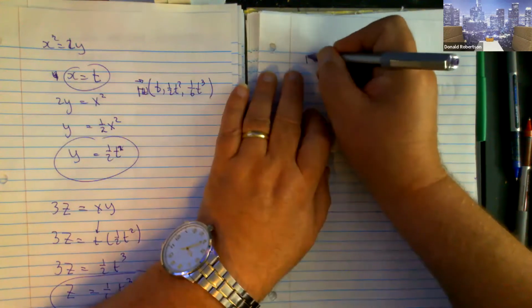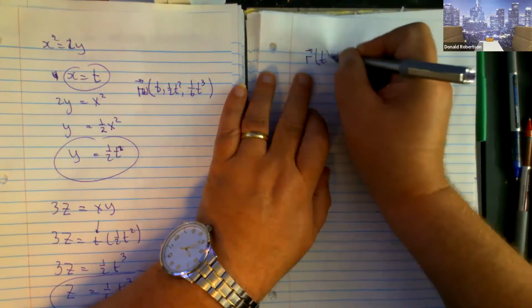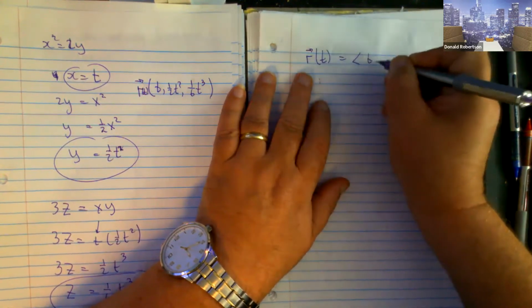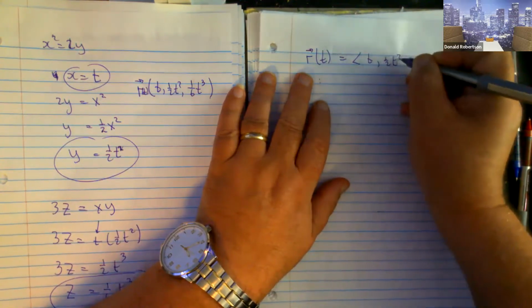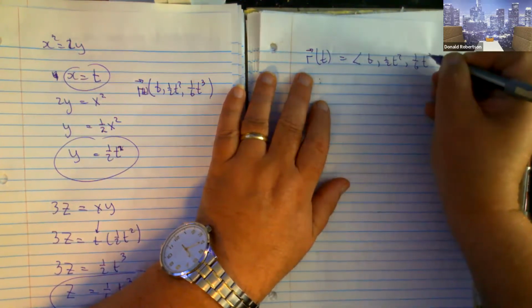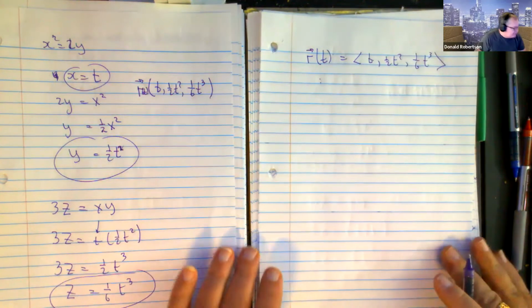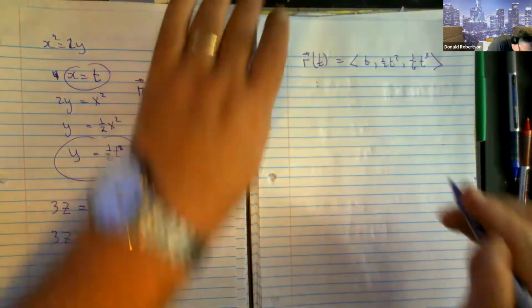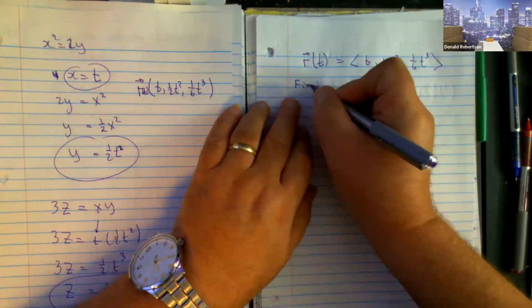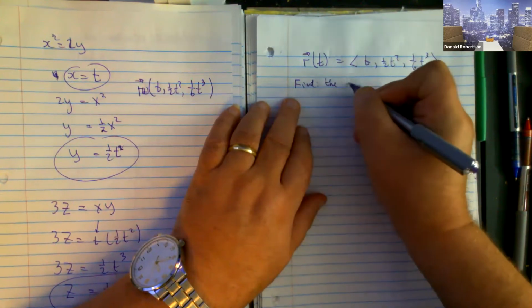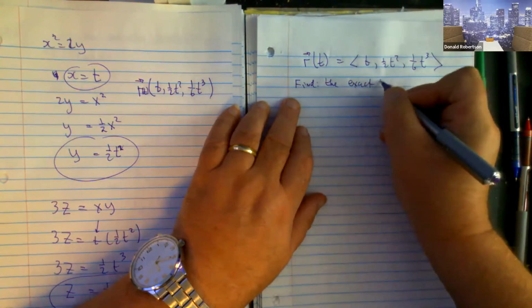So the first part of the question was, find the space curve that is the intersection of the two surfaces. And we're done.